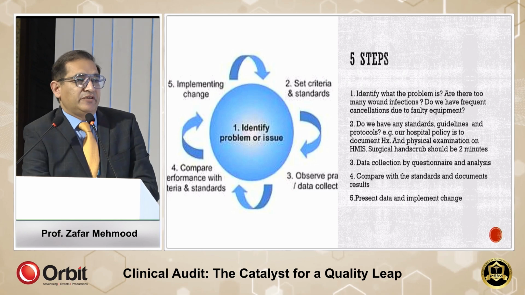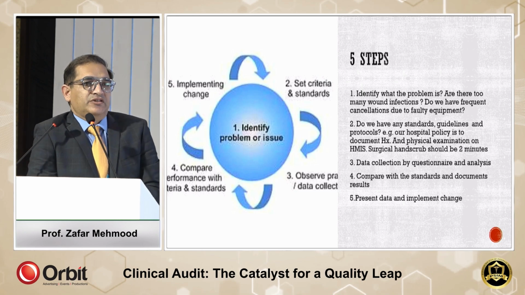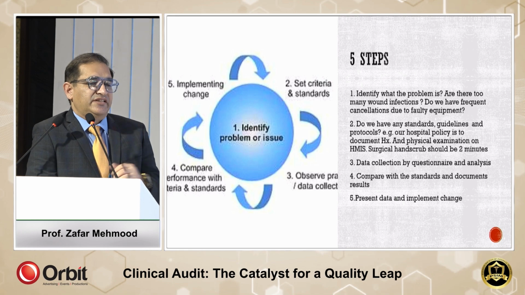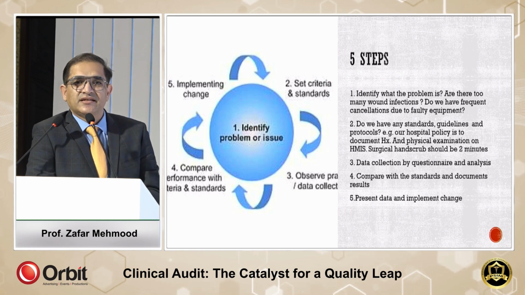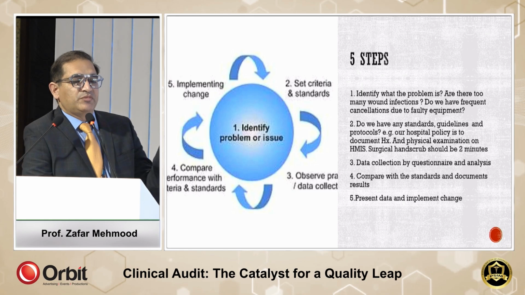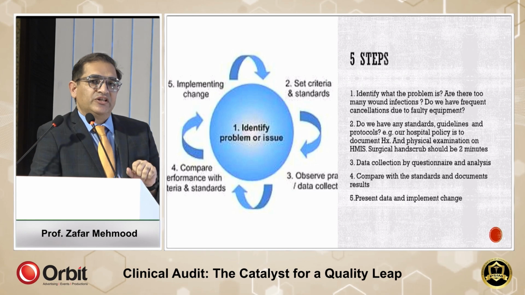Do you think that there is a shortage of equipment, for example, which is affecting patient care? Or do you think that there is maybe a shortage of staffing, technicians, doctors, nurses in your clinical area, which is affecting clinical patient care? So basically you identify the problem. That is the first step of doing an audit.